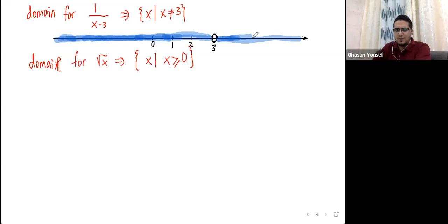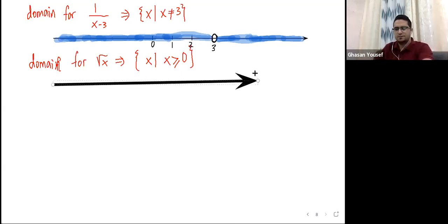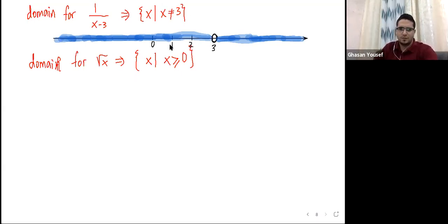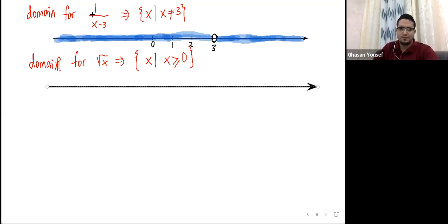Now for the second one, if I want to show it on the real line, it will be all numbers greater than or equal to 0.